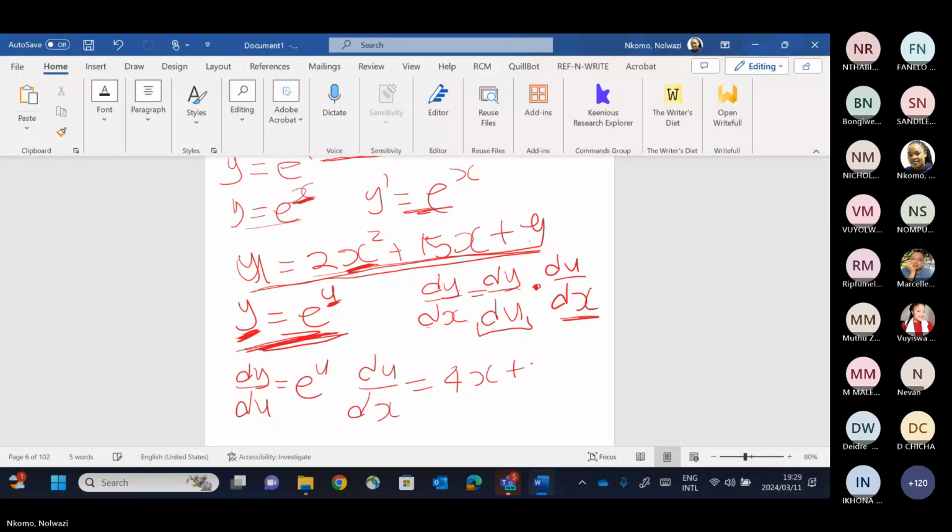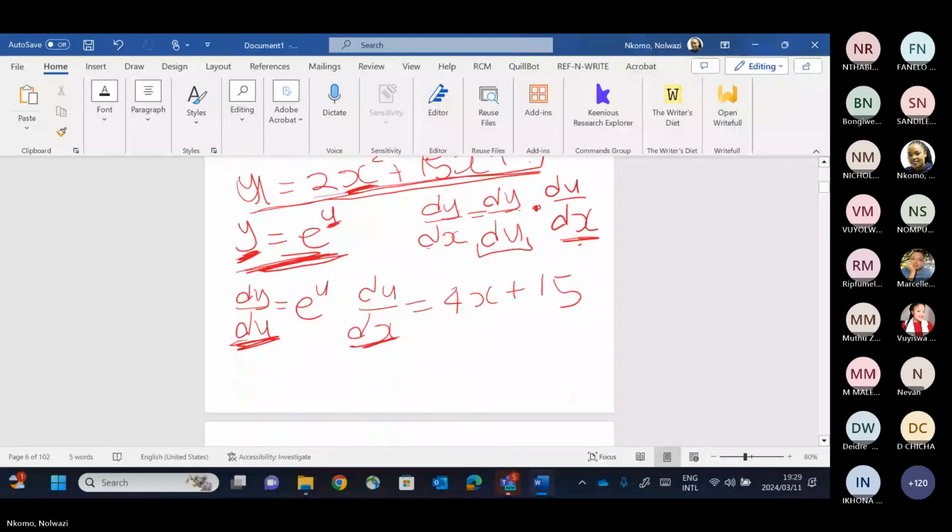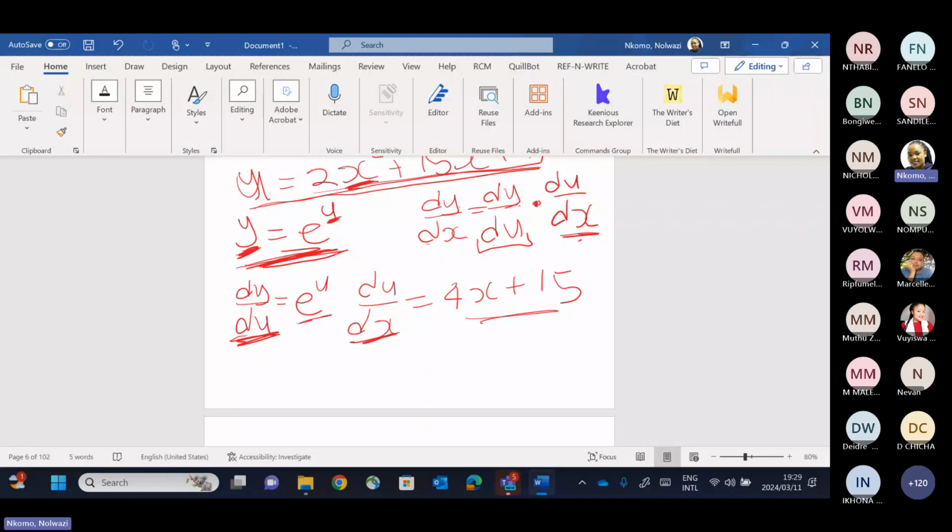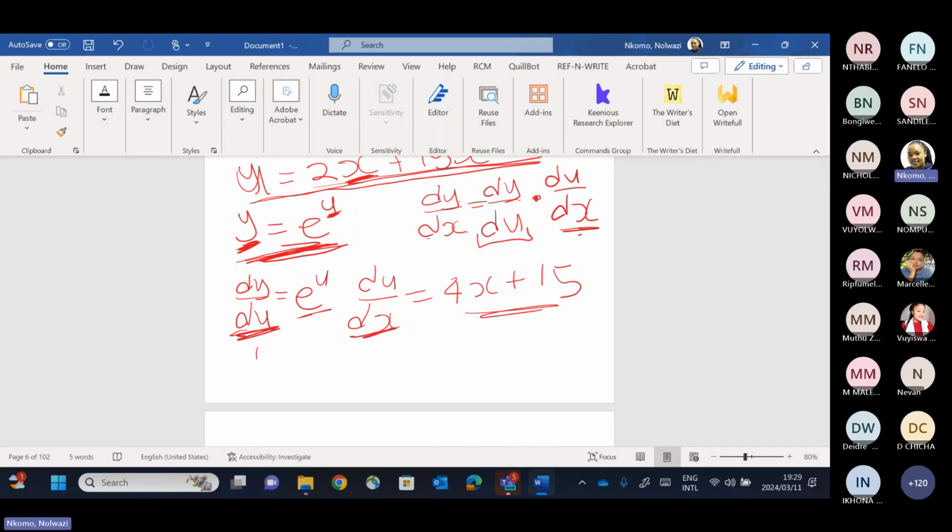You will have dy over dx equals e to the power u times 4x plus 15, right?